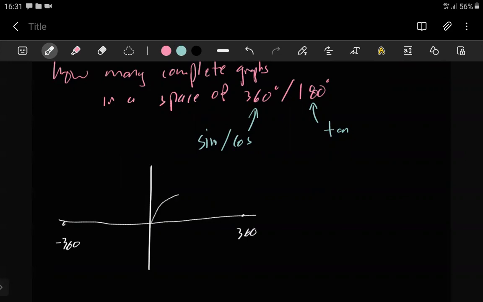That image may look something like this, and on this side it would look like this. So this is what you would see in a sine graph from 0 to 360. If it's standard, this number would be a +1, this number would be a -1. The equation of this graph would be y is equal to sine x.